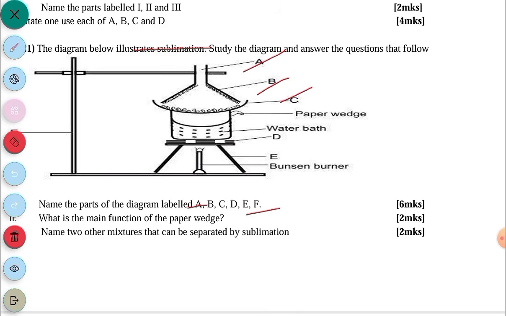E is a tripod stand. What's the main function of the paper wedge? Now, this is the paper wedge. The paper wedge allows steam to escape. Name other two mixtures that can be separated by sublimation. We have camphor and then gravels, then ammonium chloride and then gravels as well.